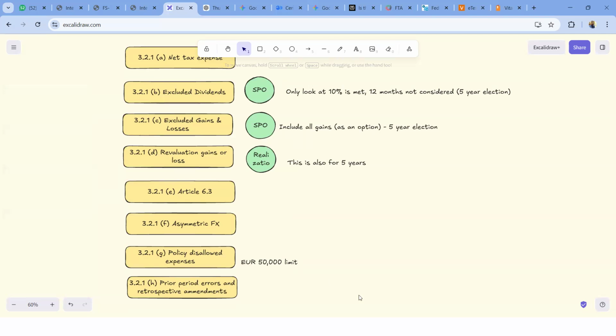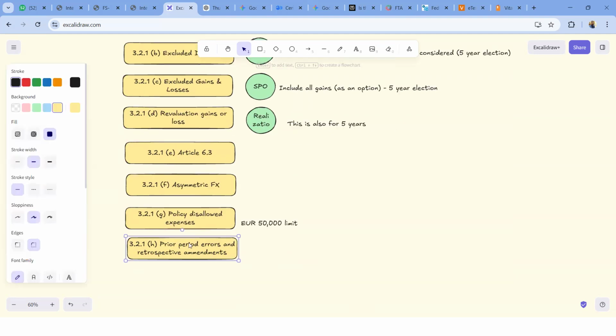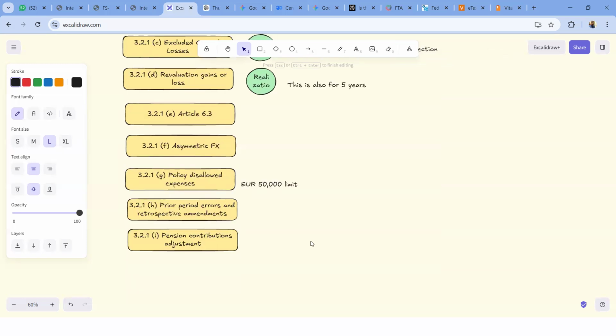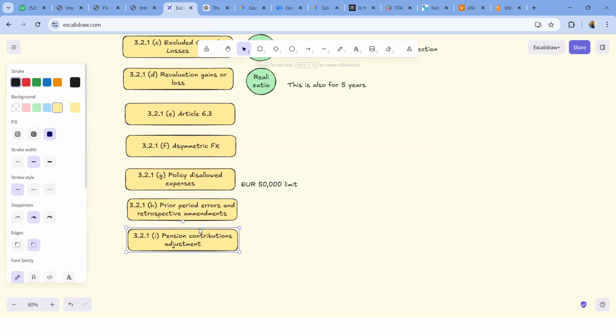That also, if you see any prior period errors, adjust with the prior period one. Then 3.2.1 I. I is nothing but pension contributions. Right? Only the cash contribution is to be taken, not the other things.